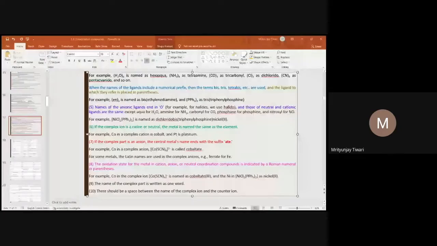However, if the ligand is anionic and not bound through a lone pair, as in the case of halides, the chlorine binds to the metal. Actually, what will happen? Chlorine will remove one electron from the metal and become anionic. Once it becomes anionic, it will donate its lone pair of electrons.